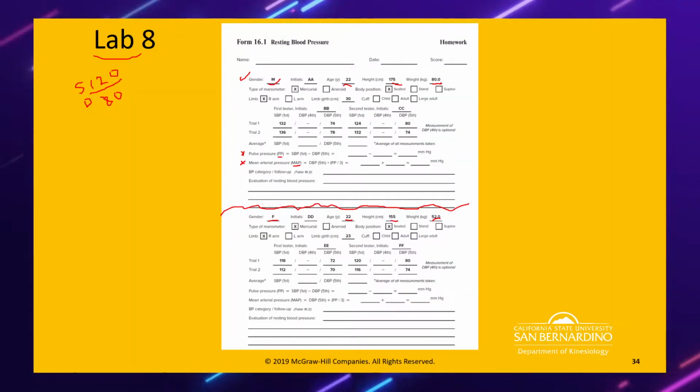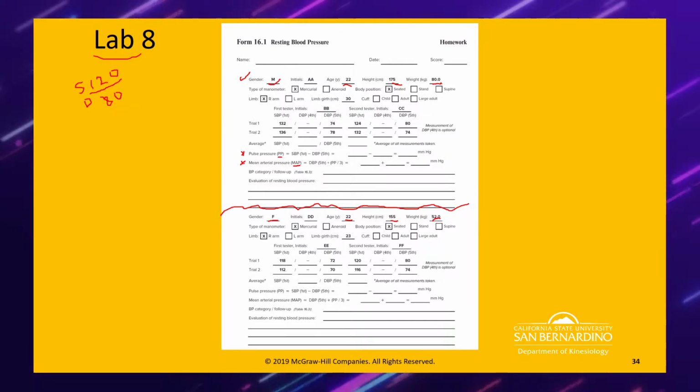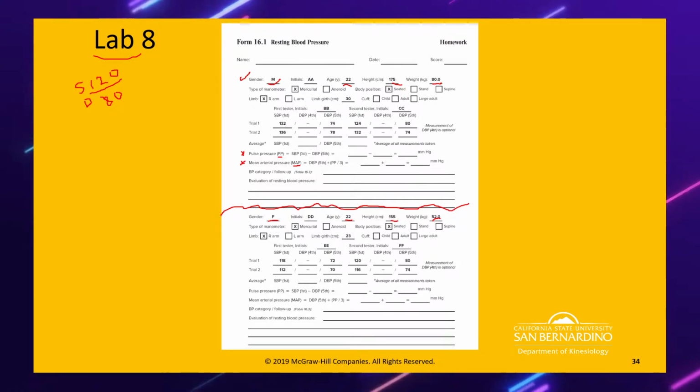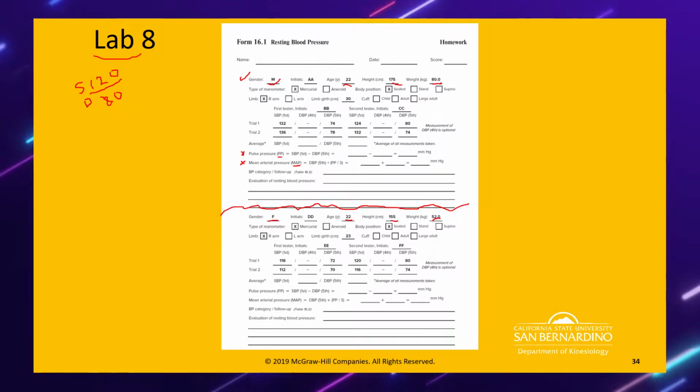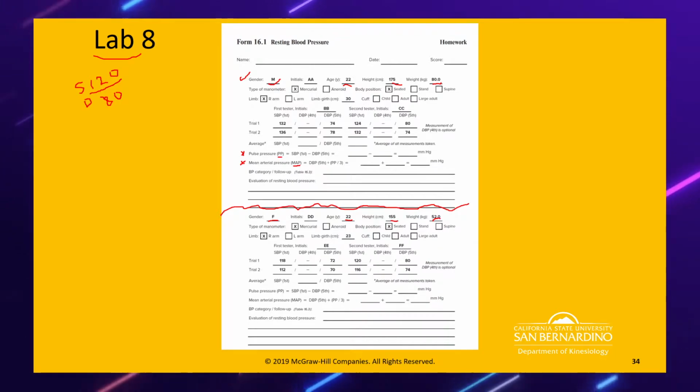we have the type of gauge we were using, and we talked about these in the lecture video this week. We are taking blood pressure in a seated position, which we should be doing with initial testing. However, there are some times where you might want to do it standing or supine, laying on the ground.